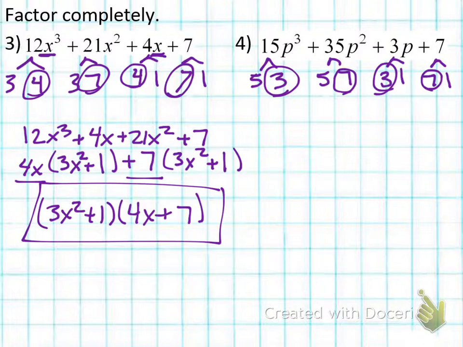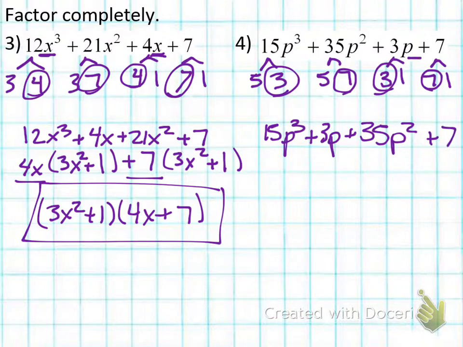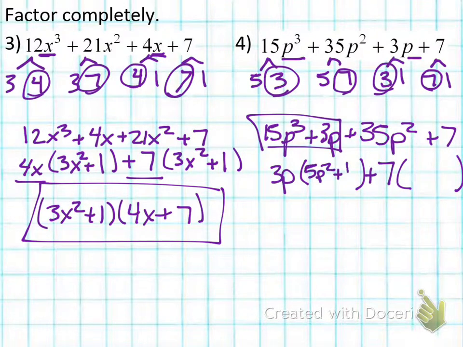Okay, so rewriting this with the 7's and the 3's grouped together, I have this. The 3's are grouped together first and then the 7's. In the 3's, I also notice I have p cubed and p as my variables, which means they have a p in common, so I could factor out 3p here. When I do that, I get 5p squared plus 1.